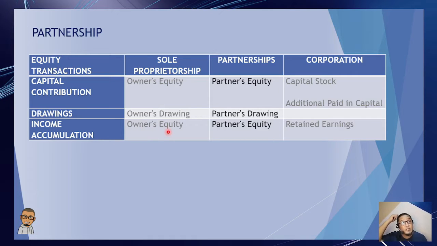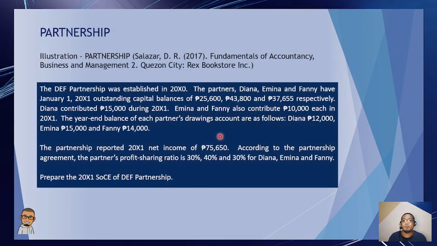Now, how about if it's a partnership? Okay, if it's a partnership, what will happen is, you first need to know how they distribute their profit. Remember, when a partnership registers with the Securities and Exchange Commission, included in the registration will be the articles of partnership.